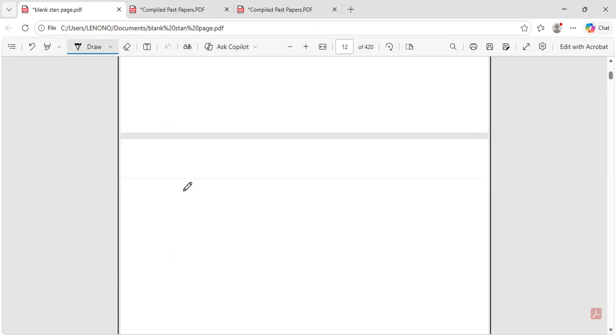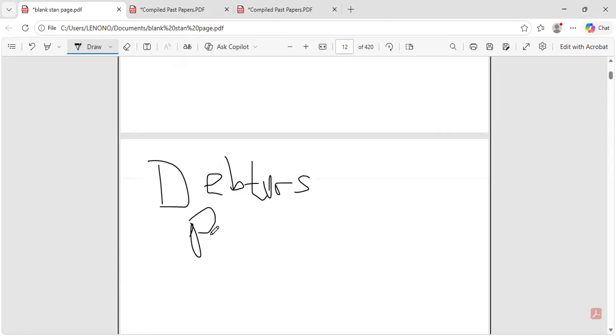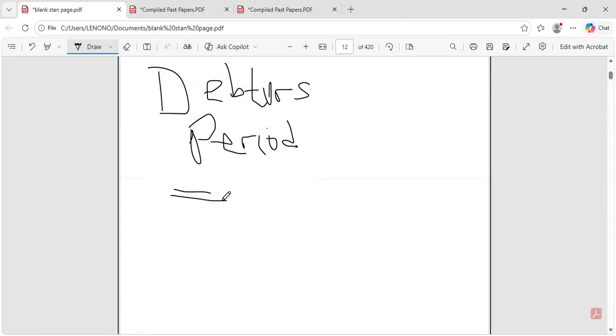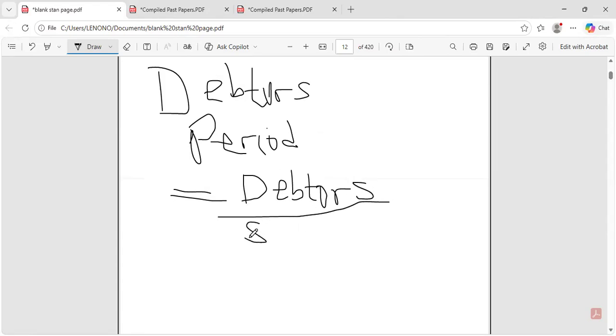So we have what we call debtors' collection period. Debtors' period is equal to debtors over sales times 365.